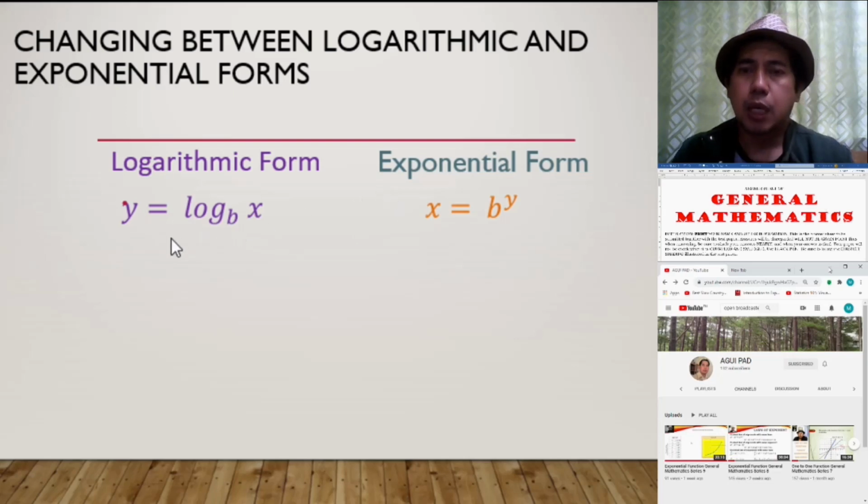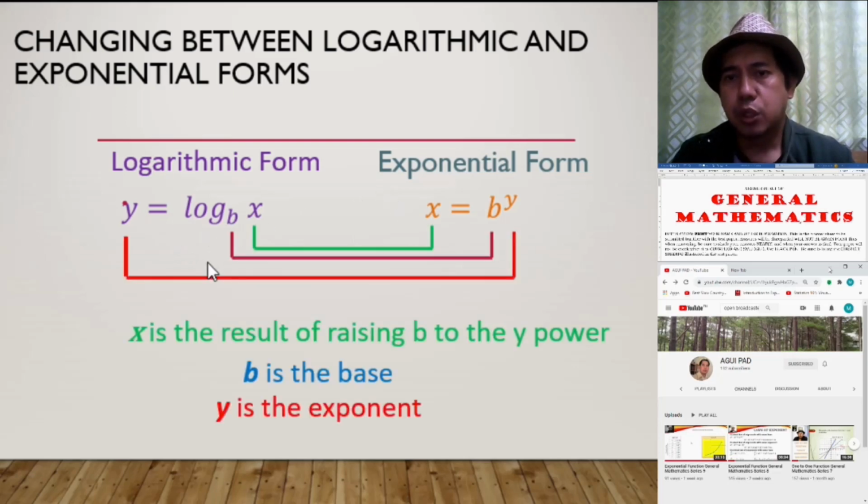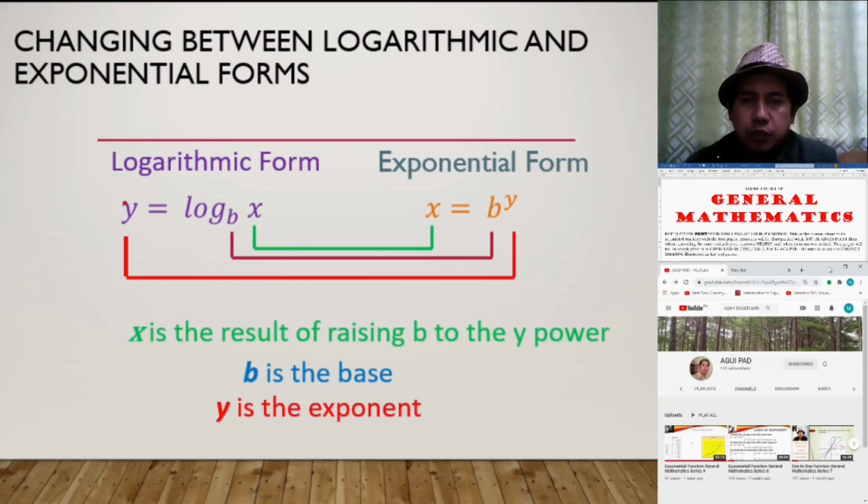Now we have the pattern. The x is the result of raising b to the power of y. So my x in the logarithmic form is the result of raising b to the power of y.